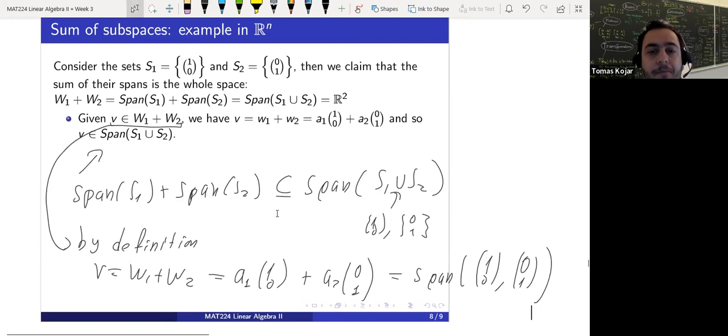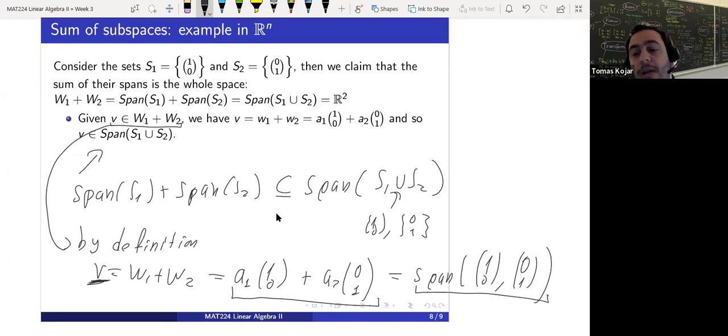So that's how we get that given any element from the sum, you can write it as a linear combination of the basis vectors, so you're in fact in the span of their union.